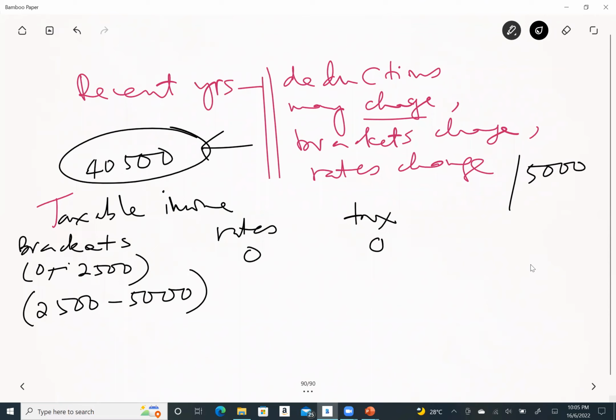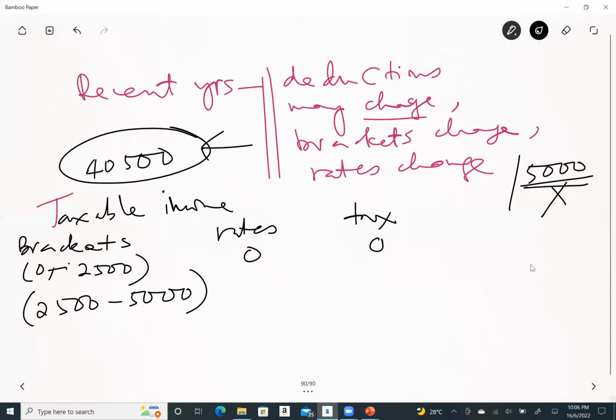If you say 5,000, that is wrong. How much income do you have in that bracket? But that's a good try. So I say wrong. What should the income be in the bracket for this income? It is not 5,000. All right.